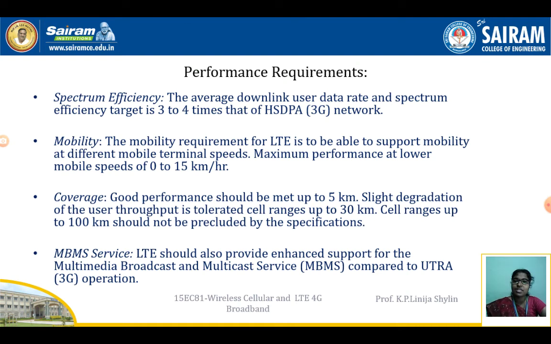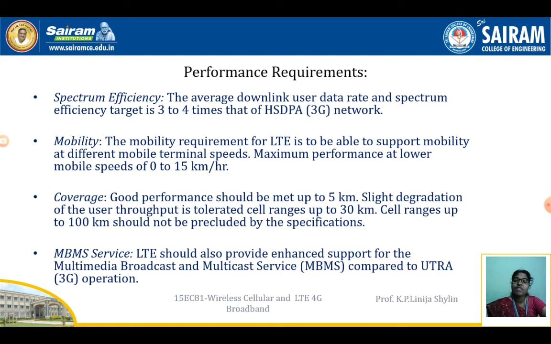Maximum performance is at lower mobile speeds of 0 to 15 km per hour. Coming to the coverage, good performance can be achieved up to 5 km. Whenever the cell range is up to 30 km, a slight degradation of the user throughput is tolerated.